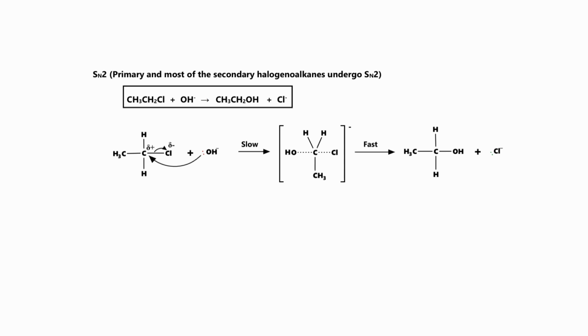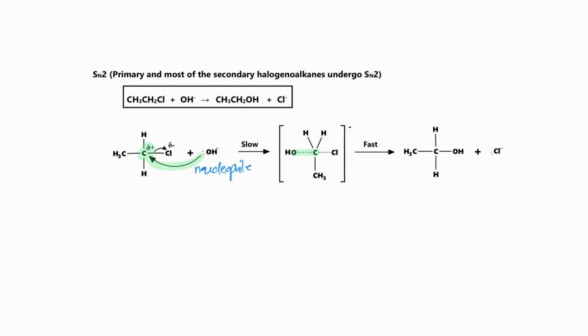So what happens here is that there will be OH-, which is the nucleophile. So it will give the lone pair to the C with delta positive, and this is how the bond will be formed.